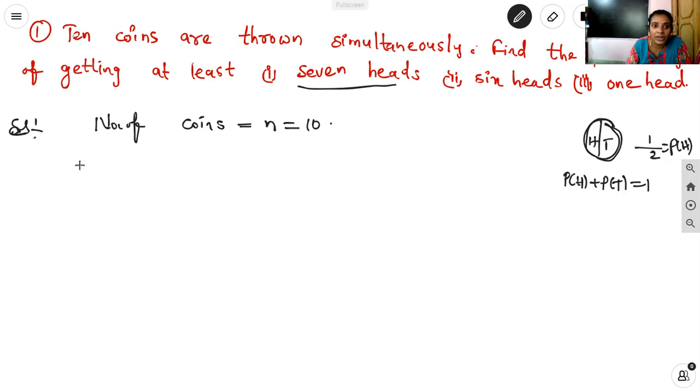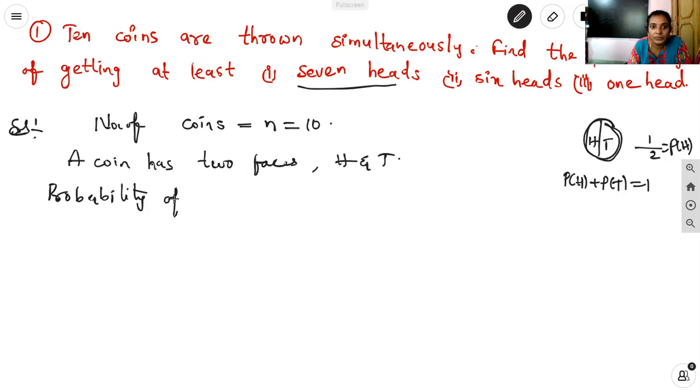A coin has two faces, head and tail. We can take the probability of getting head, that is small p equal to 1 by 2.